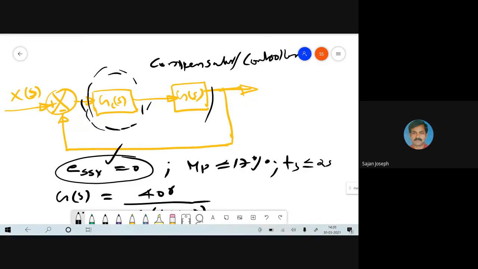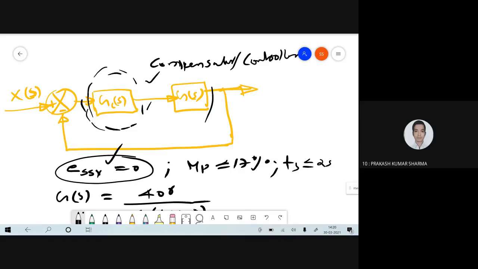Hello? Are you alive? Yes, sir. What is the transfer function of the feed forward path of the system? Which one is the feedback path?